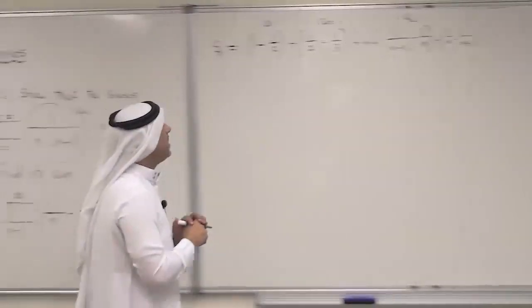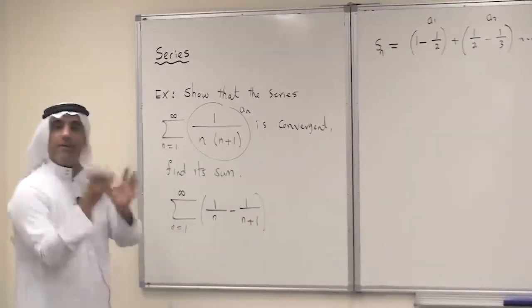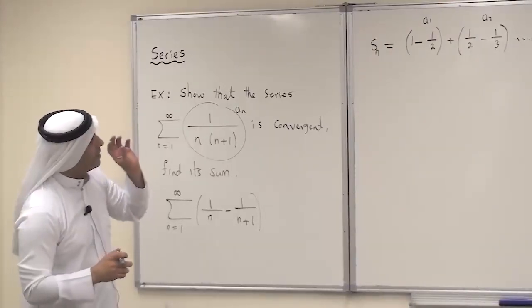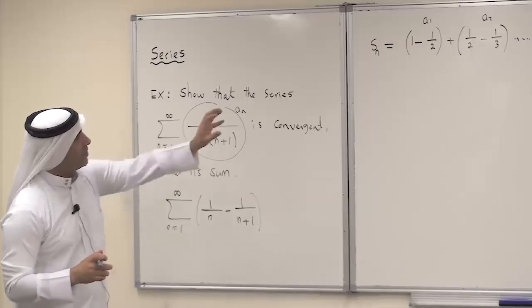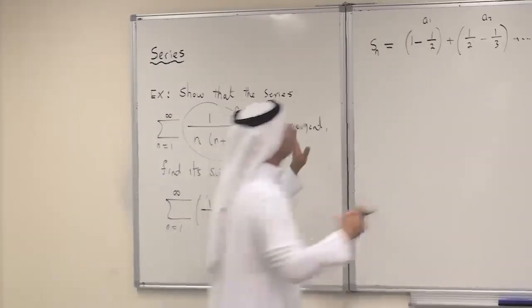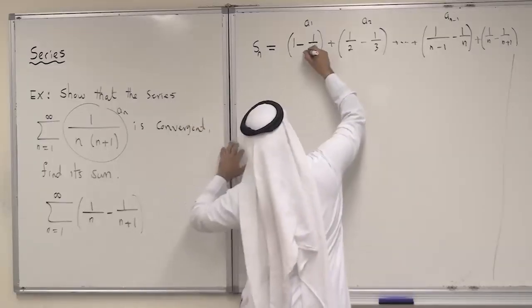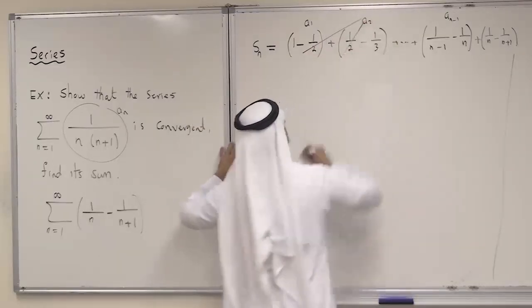Now, we will see if this S_n can be simplified somehow so that we can answer the question, what is the limit of it as n goes to infinity? And clearly you can see there is a nice cancellation behavior here. Look, minus 1/2 will cancel with 1/2.